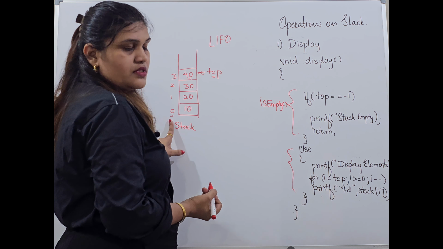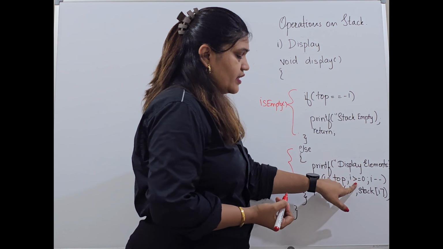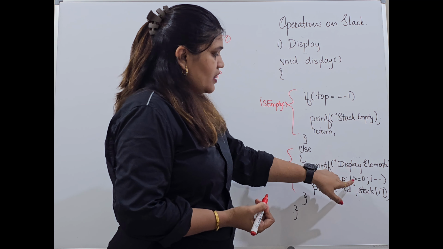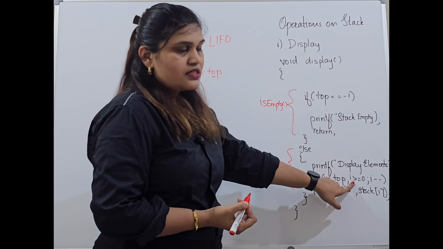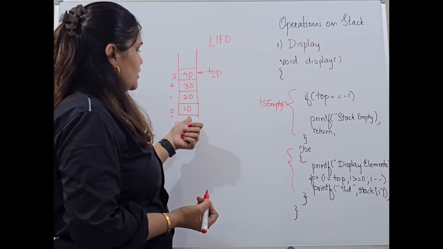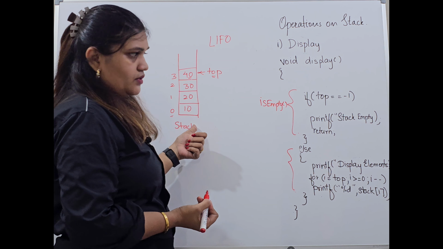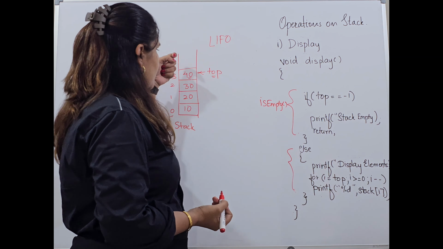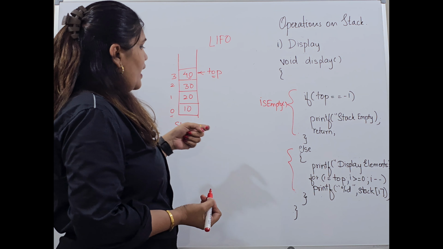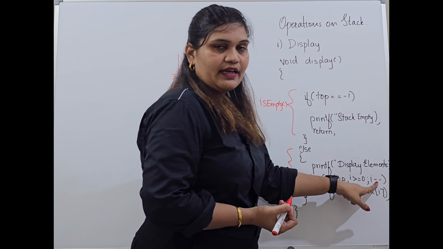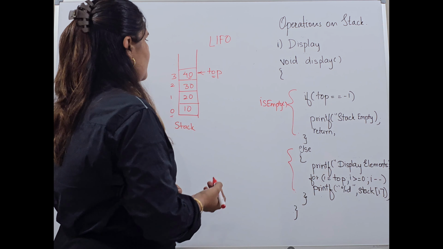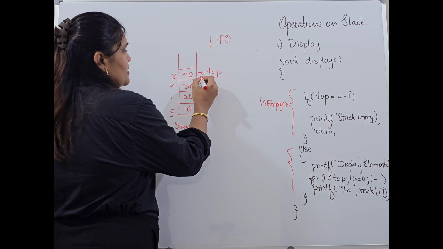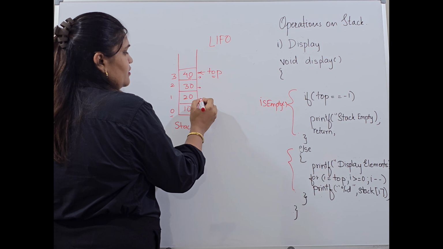Because when this condition goes false, I obviously know that there are no elements below 0. So I check the condition till i is greater than or equal to 0. I am traversing in reverse, and then I say i minus minus. So I display this element first, then the second, then the third, then the fourth.